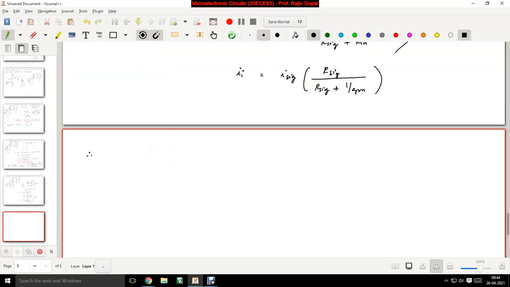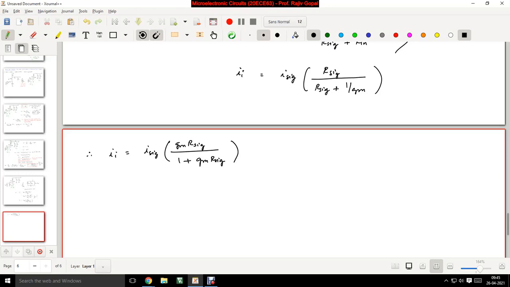Therefore Ii is equal to I signal into R signal into Gm divided by 1 plus Gm into R signal.